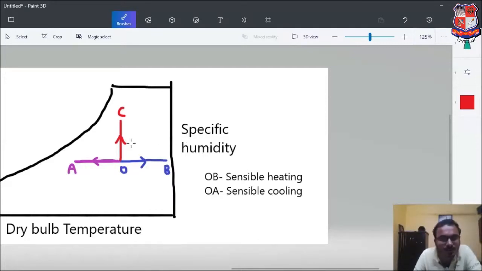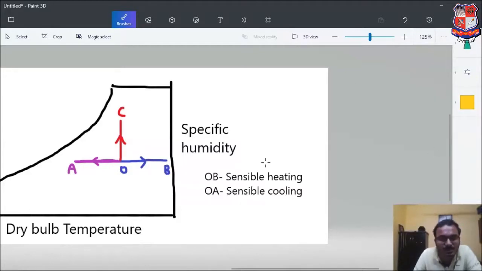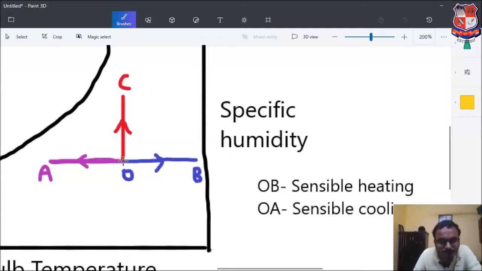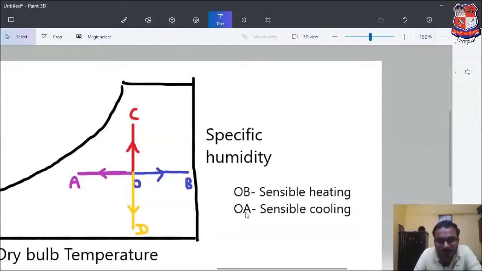So this is called the humidification process, and exactly reverse to this, there will be a dehumidification process in which the temperature will remain constant but specific humidity will decrease in this way, and this will be denoted as D. So we can again write down the names.